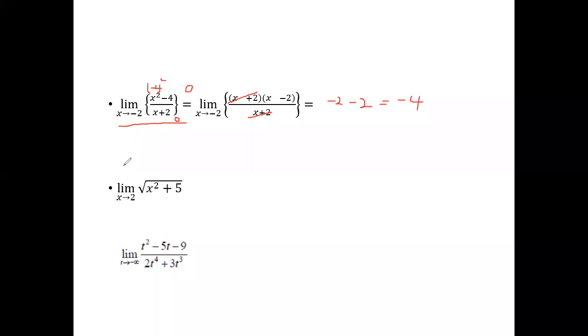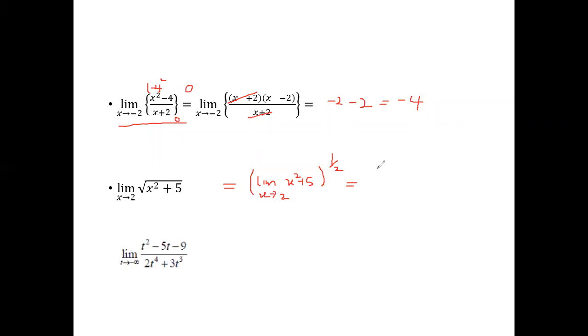Now, moving further, we want to try rule 5. Okay, the one with the power rule. So for rule 5, we're told that to solve it, you have to just bring the power out. That will be everything raised to the power, the root, which is raised to the power half. Then that will be the limit of what? The function, which is x squared plus 5, okay, as x approaches 2.